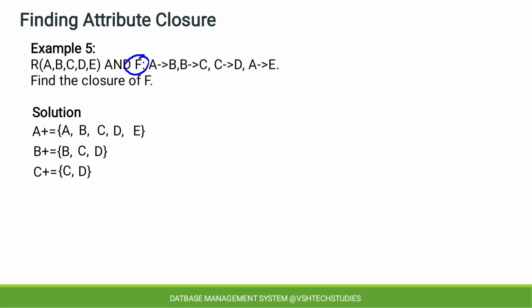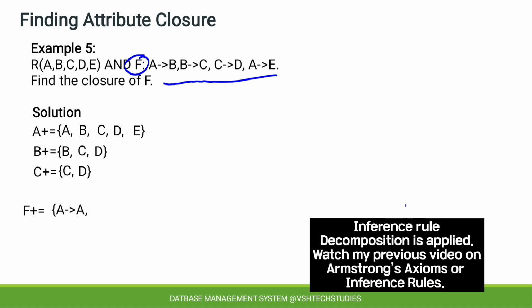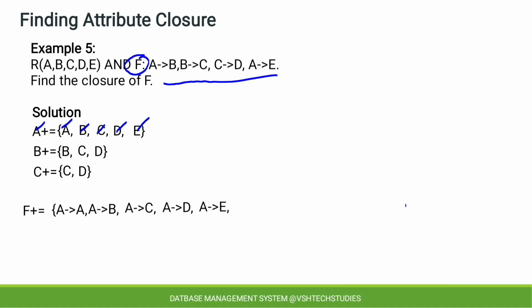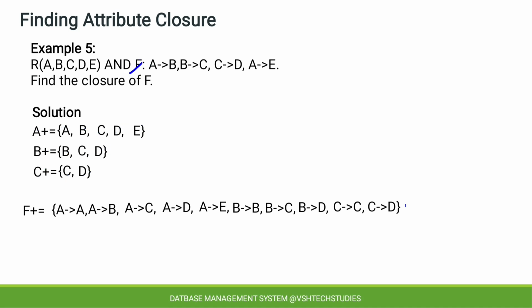This set of functional dependencies, then F plus is, so A determines A. Similarly, we can write A determines B, A determines C, A determines D, A determines E. Next, we'll have to write B determines B, B determines C, B determines D. Then from C closure, C determines C, C determines D. That completes the solution, and this will be F plus as per the solution.